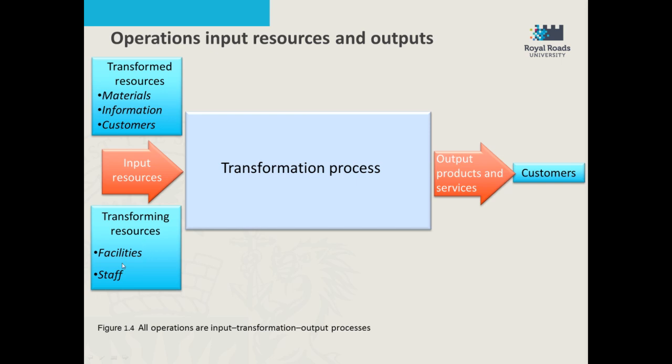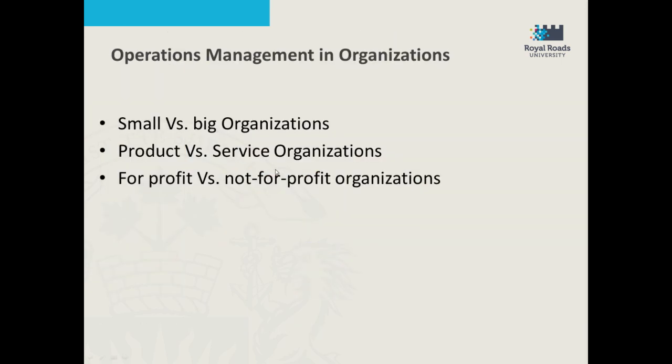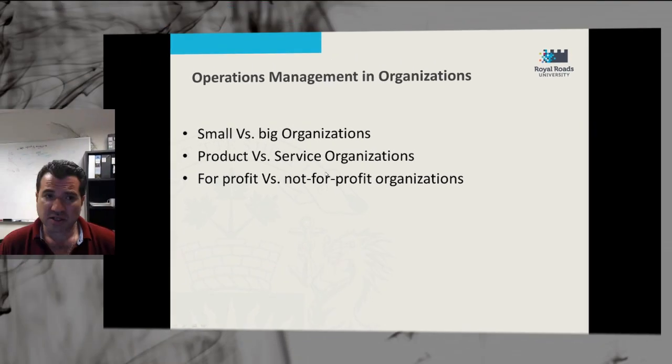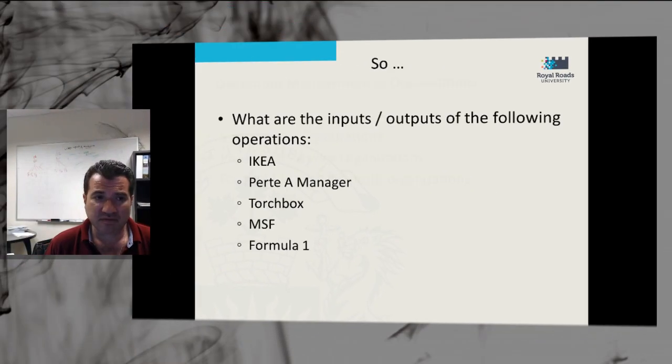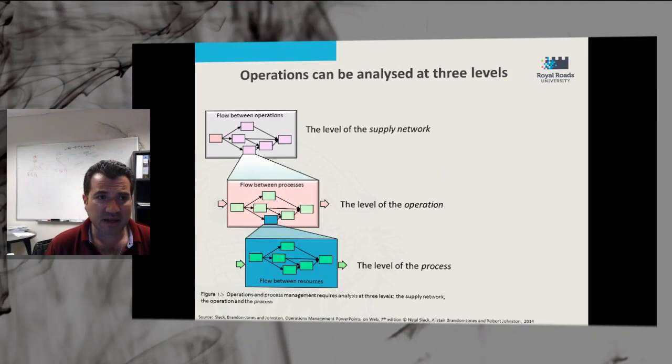Transforming input includes facilities and staff. And for process, we have a process to transform raw material, a process to transform information, and a process to transform customer. That's relevant, as we discussed today, to small and big organizations, product and service, profit and not-for-profit.